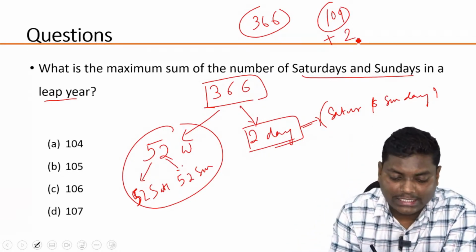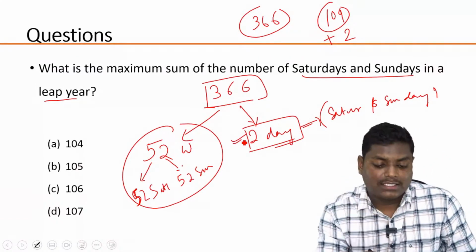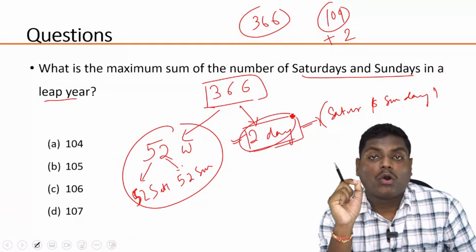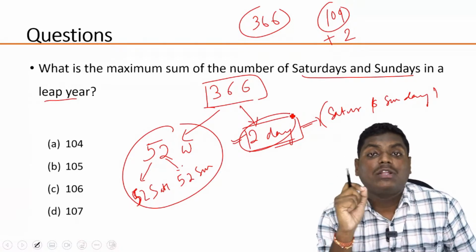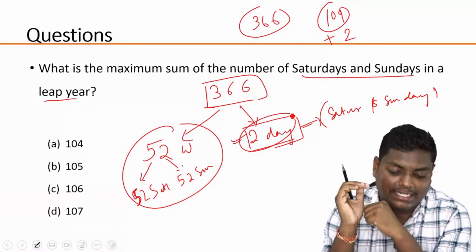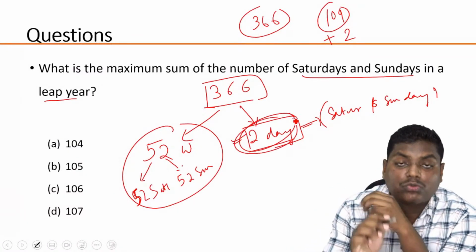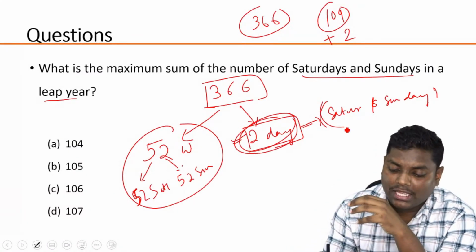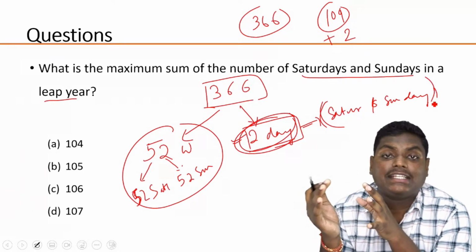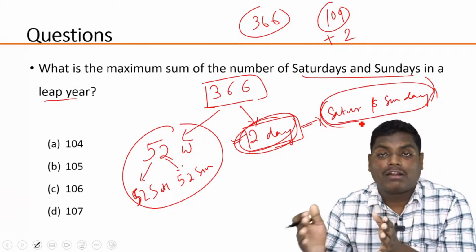Anupam, you need to consider that the 2 odd days factor that we have will decide the maximum number of Saturdays and Sundays that we can get. So you need to keep that in mind. In a leap year, we have these 2 odd days, and we can have them together as Saturday and Sunday, since they are consecutive days, one after another.